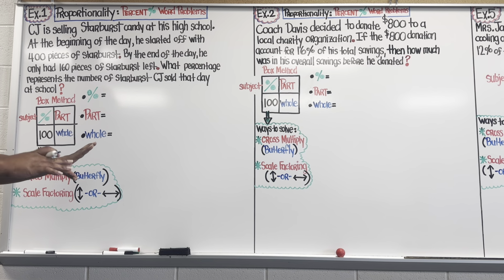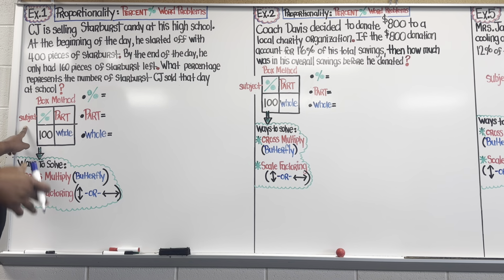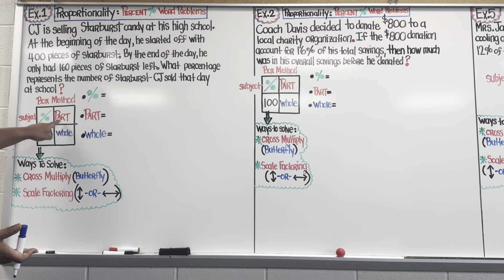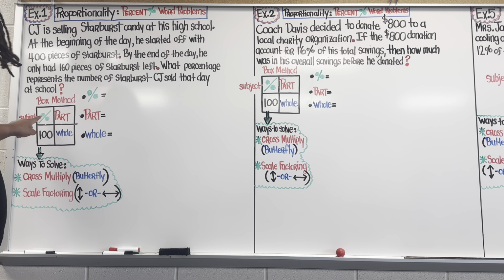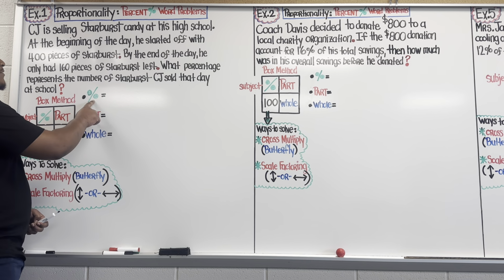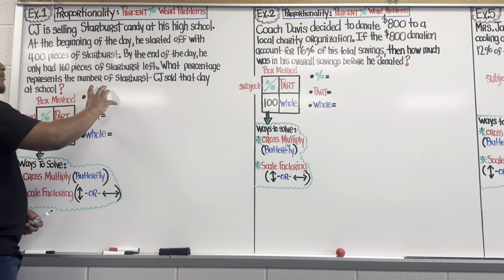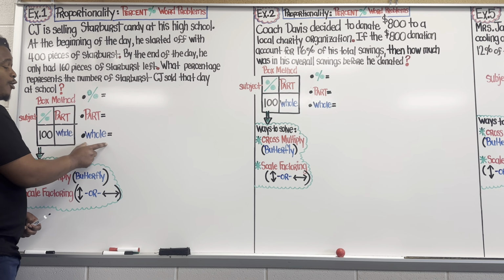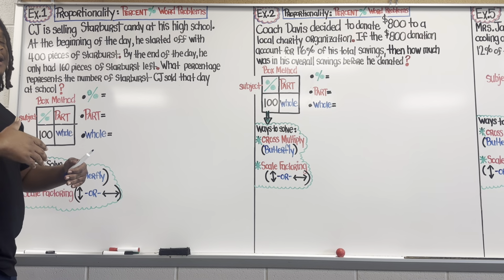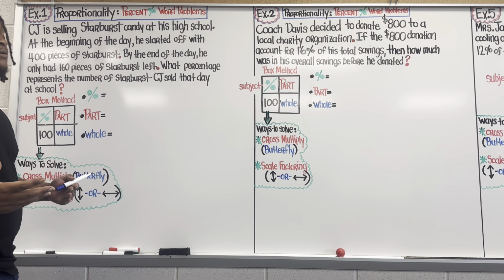So the total is all students, but the subject will be girls, right? So I can find how many girls are at the school and the percentage based on the total. So I'm just using that as an example, okay? The percent and the part represent the same thing, and the whole is just the total amount of whatever we are talking about, okay?